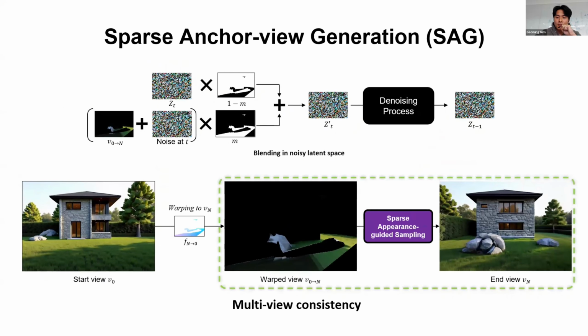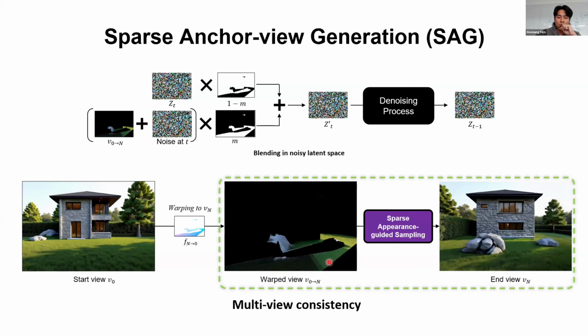So let's look into the sparse appearance guided sampling. Although the warped view has only partial observation and distorted appearance, like stretched texture, it still has rough color information and semantic information.